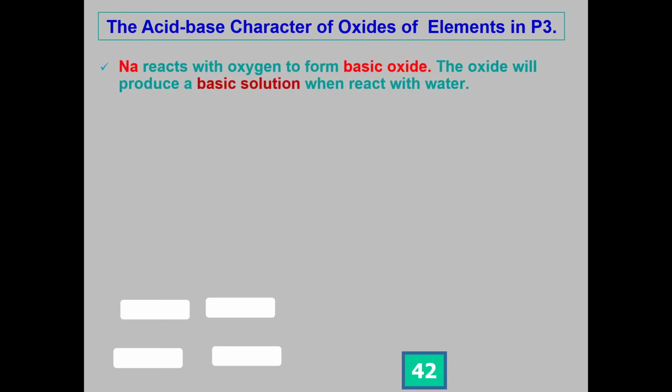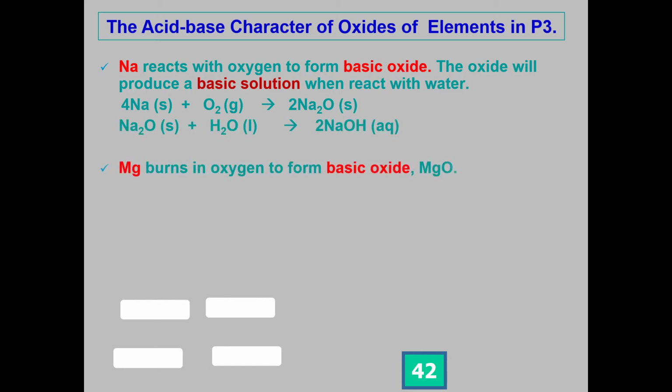So the acid base character of oxide in elements in period 3. Okay, untuk sodium, which is metals, dia react dengan oksigen untuk produce the basic oxide kan.